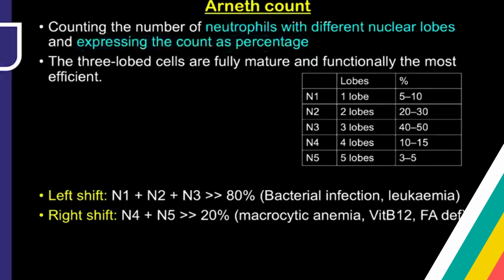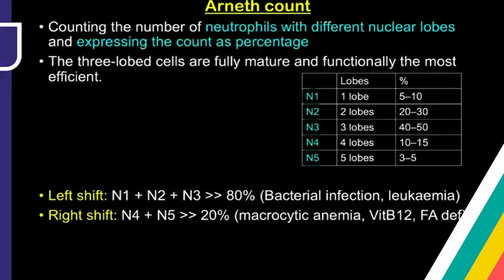If only one lobe is present in the neutrophil, that is known as the N1 series. N2, 2 lobes, N3, N4, N5. This way, if you count 100 neutrophils, you express how many cells are there in N1 stage, how many cells are there in N5 stage, and similarly.